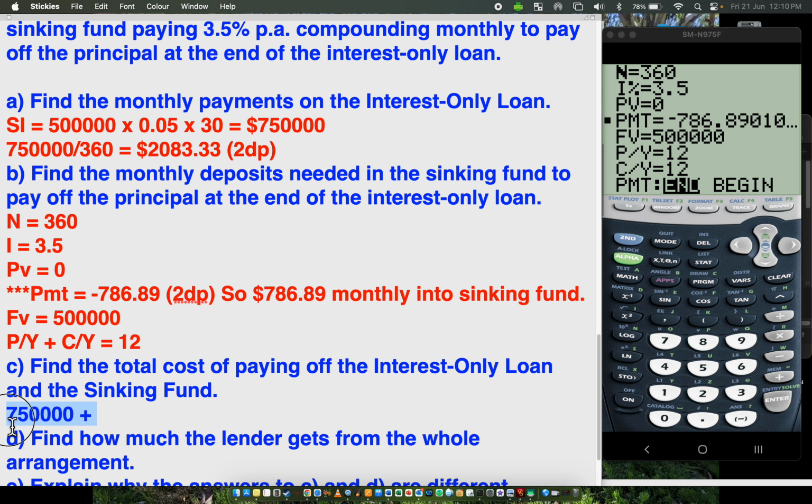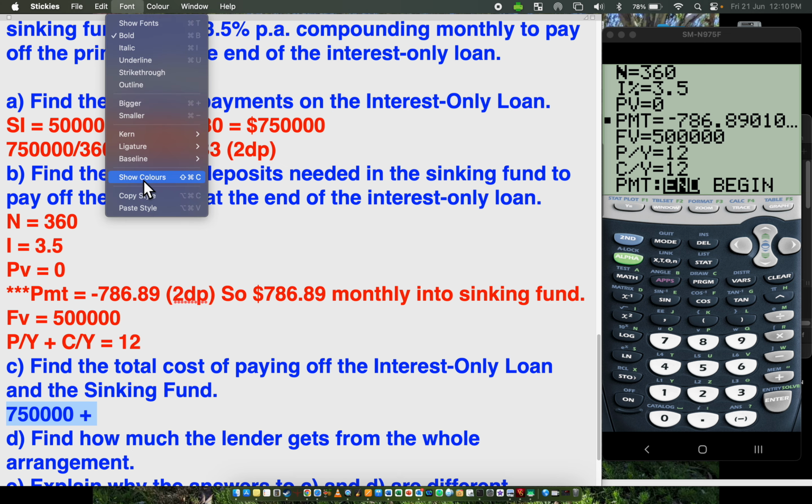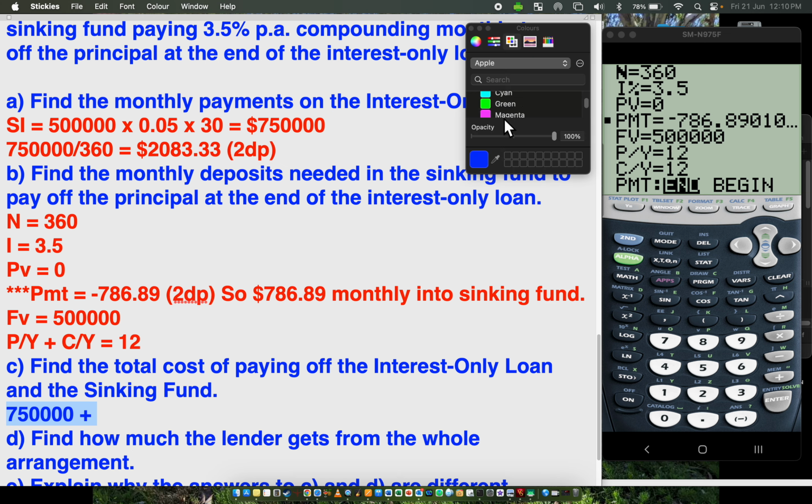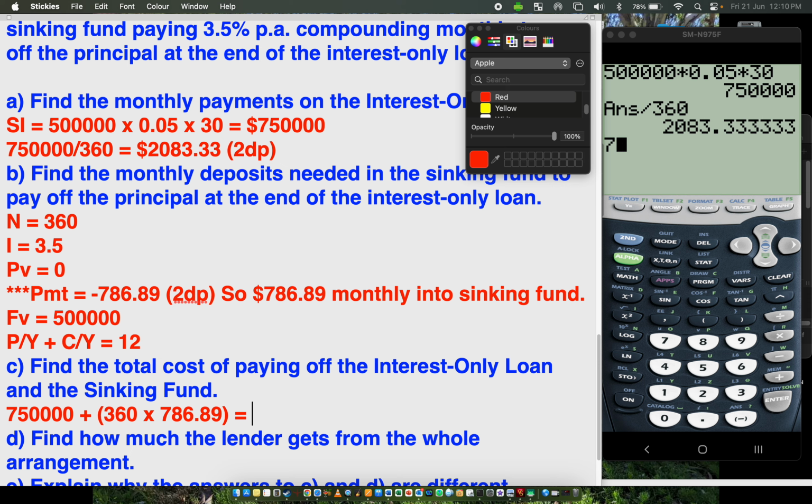So let me make this text red again. So the cost is going to be 360 times $786.89. So 750,000 plus 360 lots of 786.89.